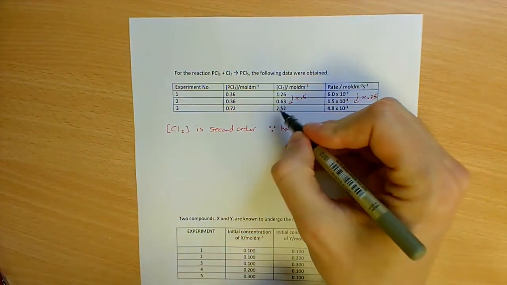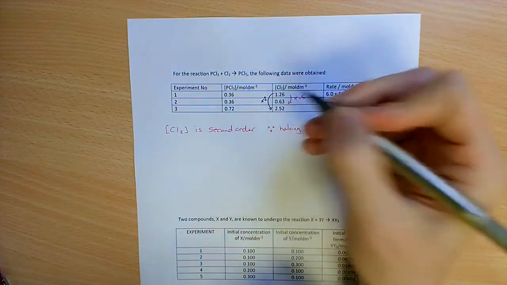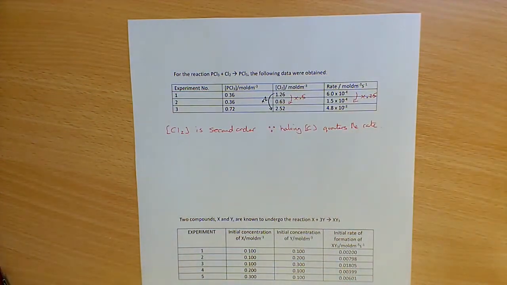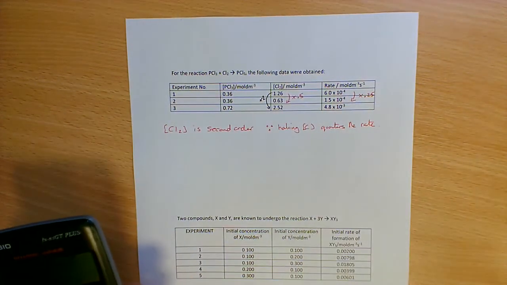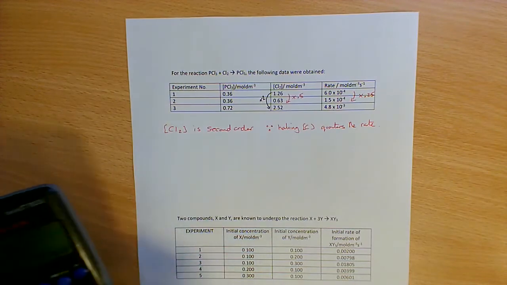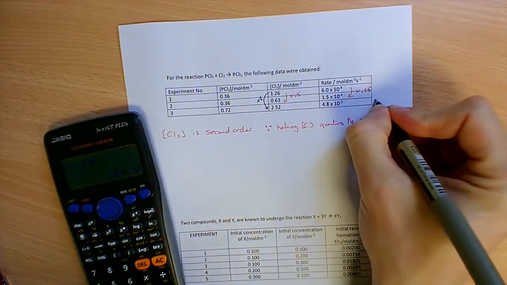It's gone from 1.26 to 2.52, so it's doubled. So it's a second order reactant, which means that if I double the concentration, it will quadruple the rate. So it should go from 6 times 10 to the minus 4, should increase by a factor of 4. So it should increase to 2.4 times 10 to the minus 3. I'm just going to write that in here.